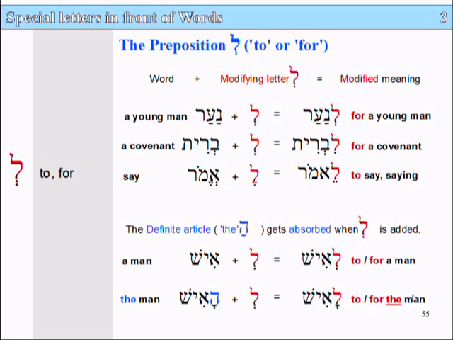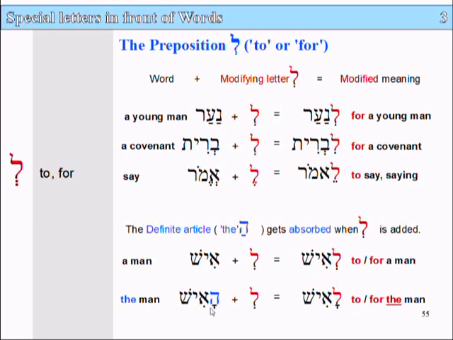Now, you can tell by context. You may not remember all of these rules, but when you're actually reading in context, you'll tell whether it's a to the man or a man. But this is just a further clue.